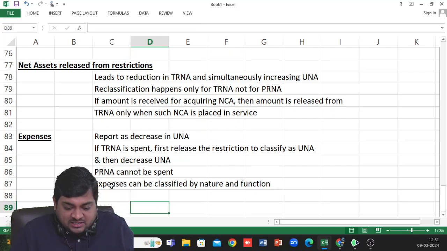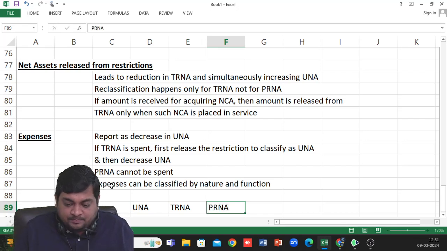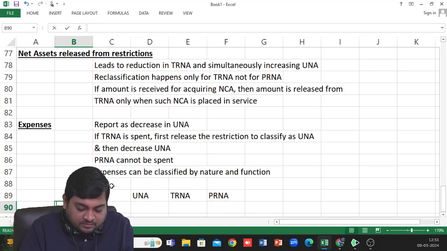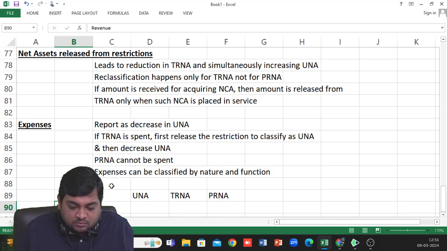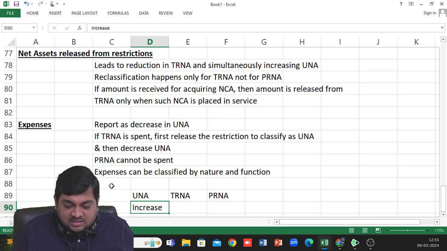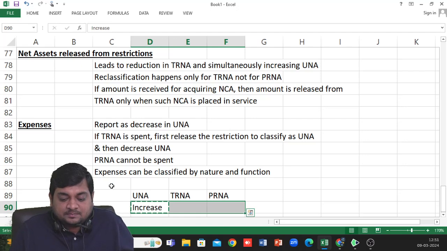So if I have to explain UNA, TRNA and PRNA: if it is revenue, this will increase. In fact, all will increase.